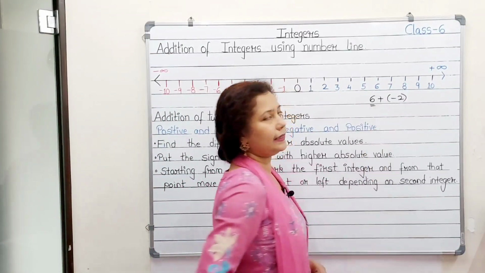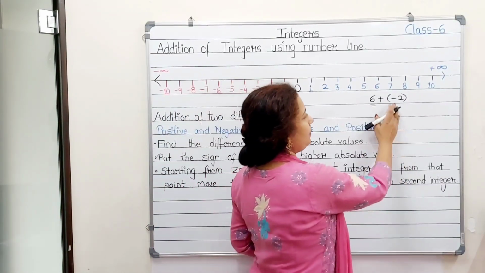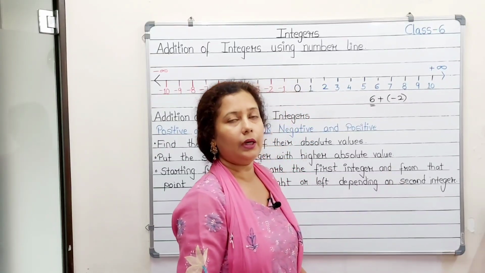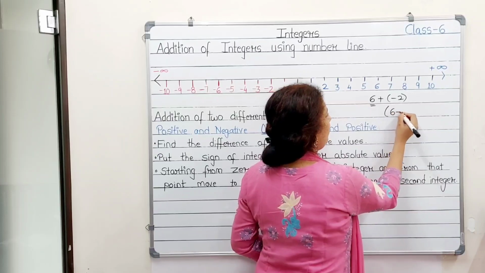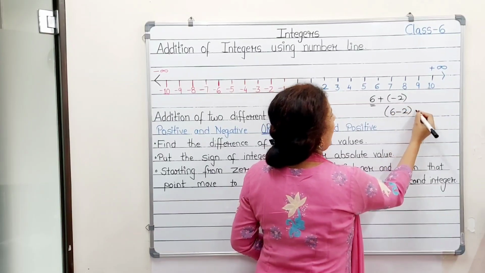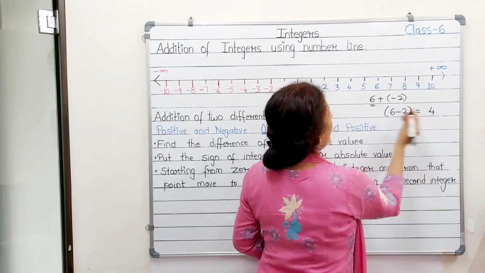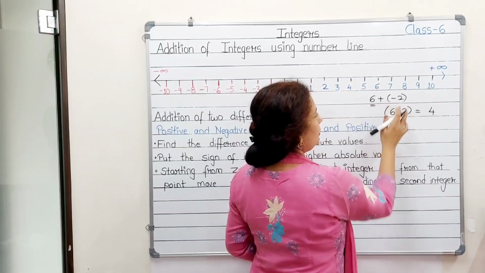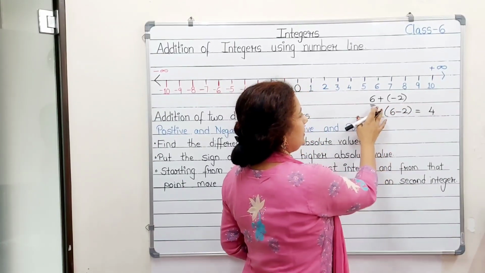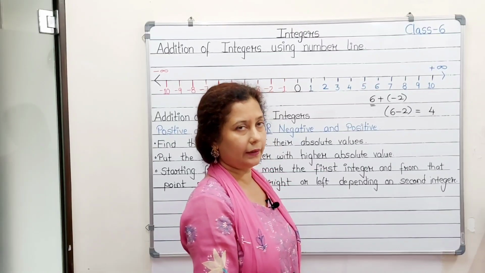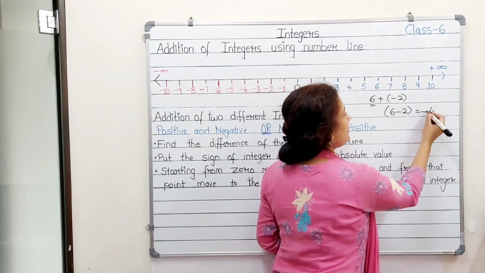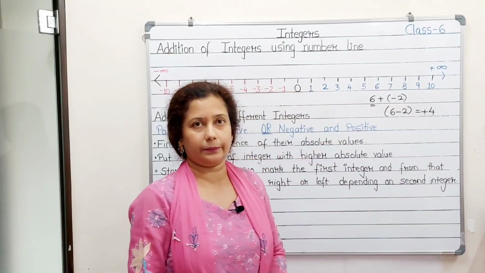The absolute value of 6 is 6 and the absolute value of -2 is 2. So finding the difference, 6 minus 2, the answer is 4. Now here in these two integers, 6 has the higher absolute value and it has a positive sign. So we will give a positive sign in the answer.